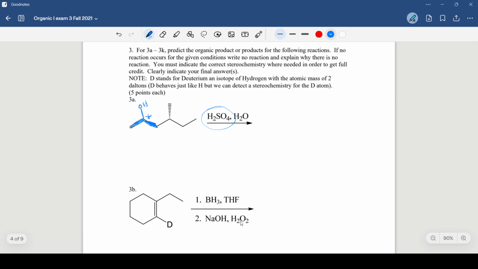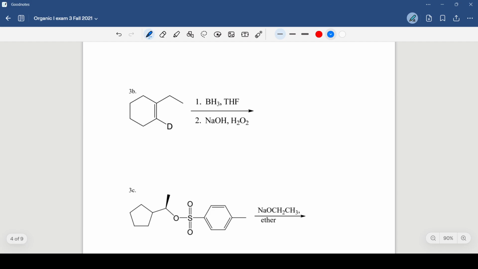So this one you guys have seen a lot. This one you've also seen a lot. But the important thing is that this one is the opposite of the other one that adds Markovnikov. So it's anti-Markovnikov and cis. When I say cis, I mean that the two things that I'm adding, the hydrogen, here, I'll turn these into dashes, and the oxygen or the OH, are cis.